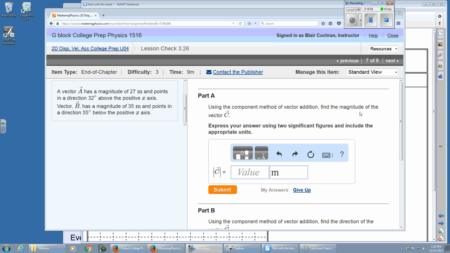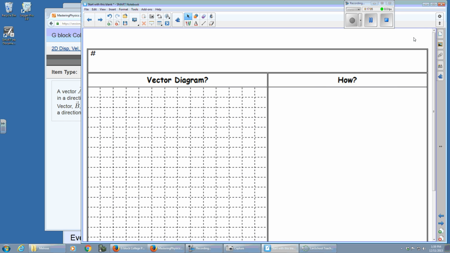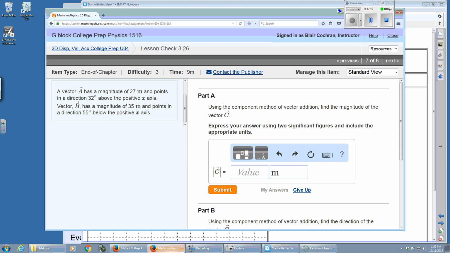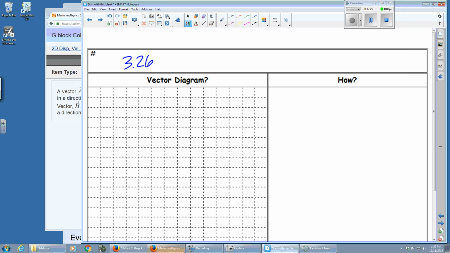All right, folks. We're going to do 3.26. And in 3.26, we've got vector A, which has 27 meters, direction 32 degrees above the positive x-axis.